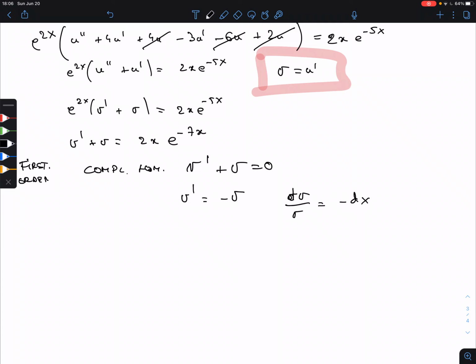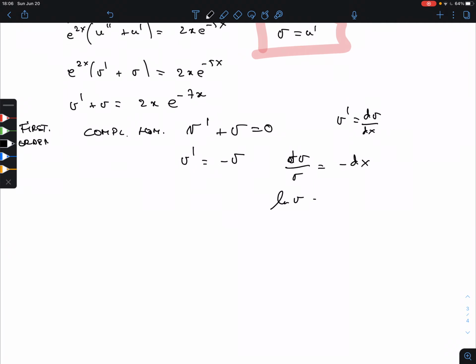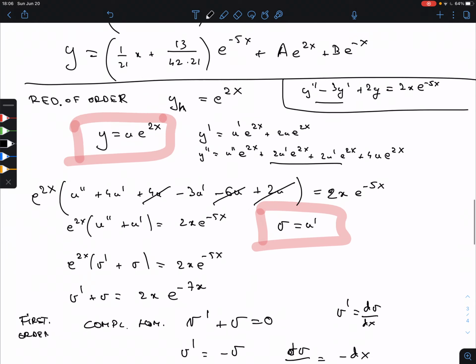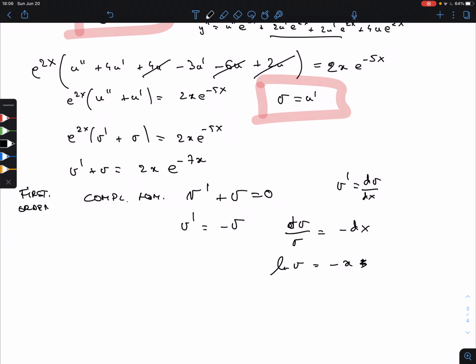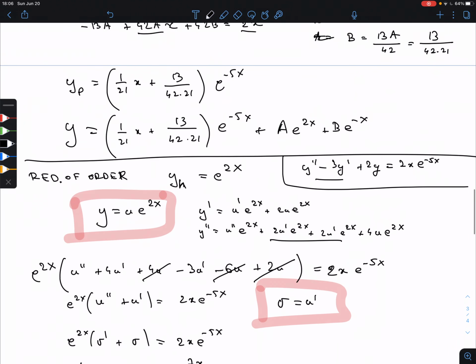I hope you understand what I'm doing, right? v prime is dv/dx, and then I bring the things to the side, separating variables. We know first order homogeneous is always separating variables. So we find that the ln of v is equal to minus x plus a constant. Do we note the constant here? No, because we're looking for a particular solution, so I'm going to ignore the constant. Okay, so I should point that out here, right?